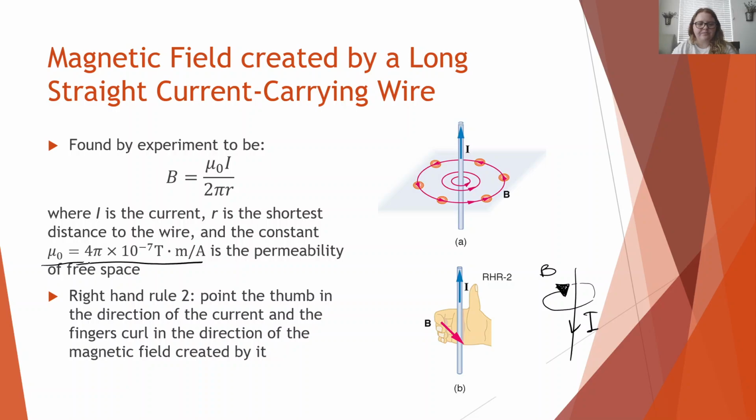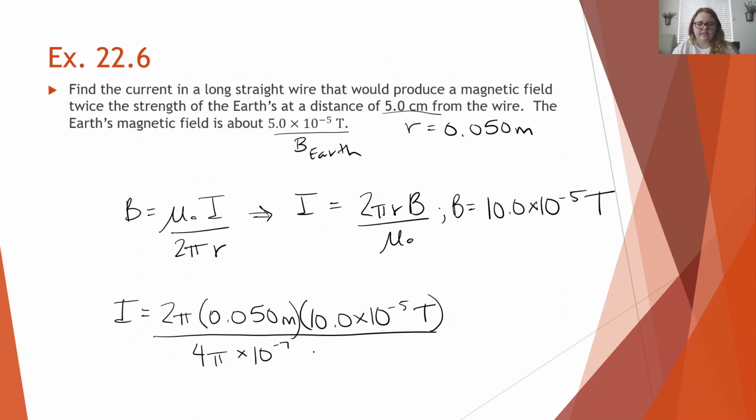Yes, Tesla meter per amp. Okay, so we can plug this straight into our calculator, or we can try to simplify it. So we have pi here, we have a 2 and a 4, so that brings that down to 2.